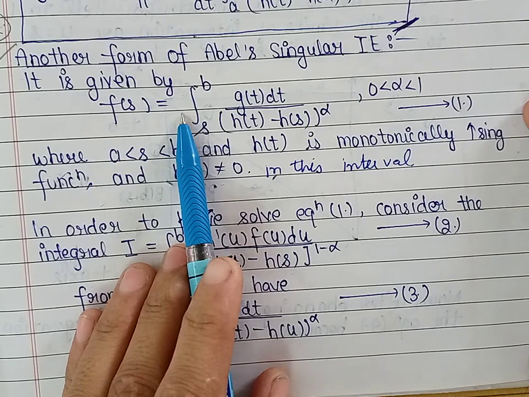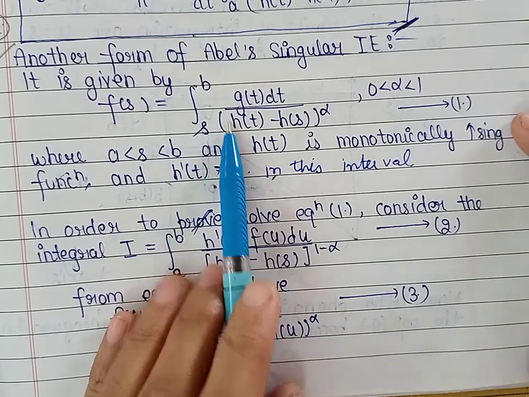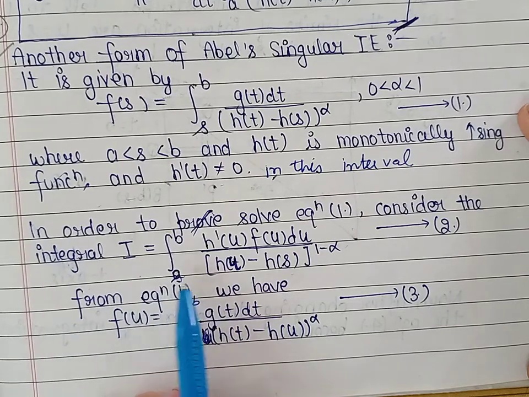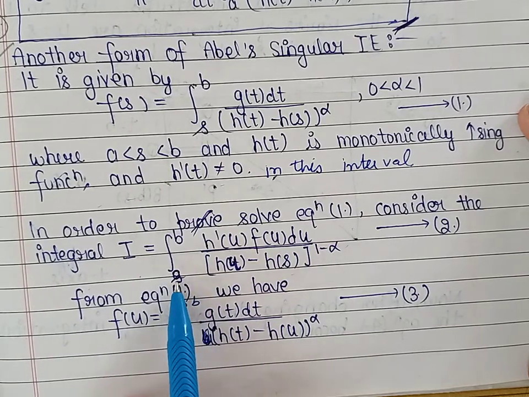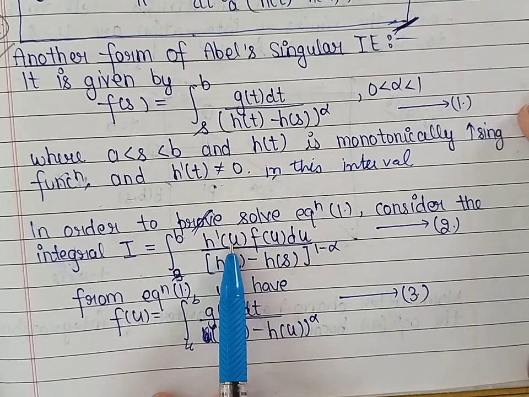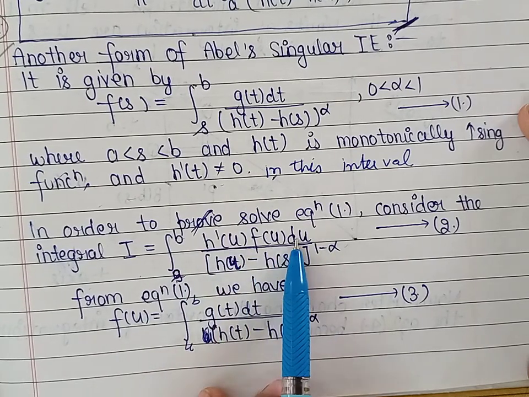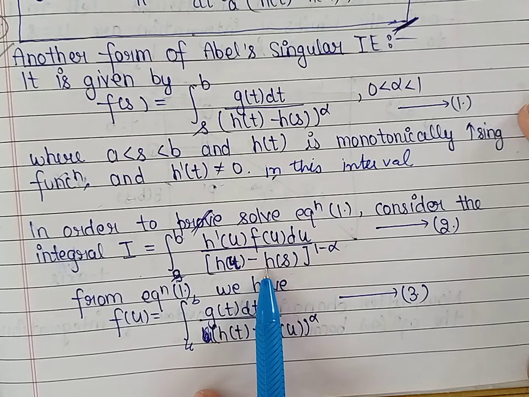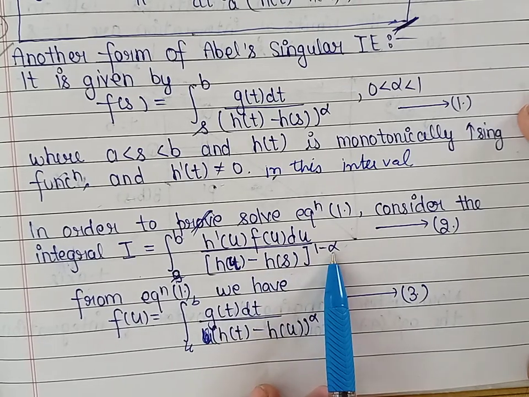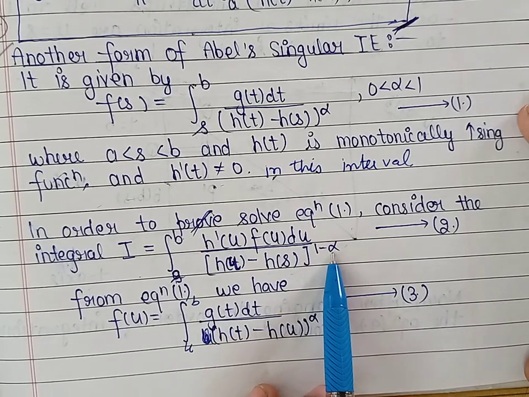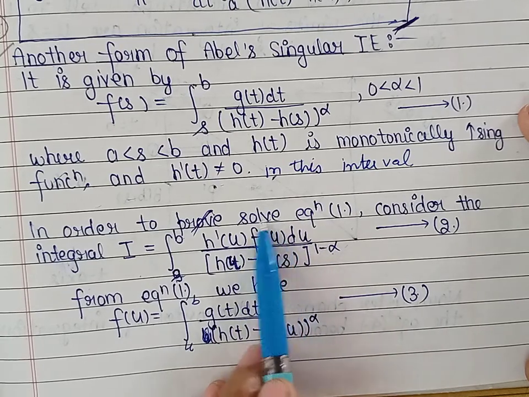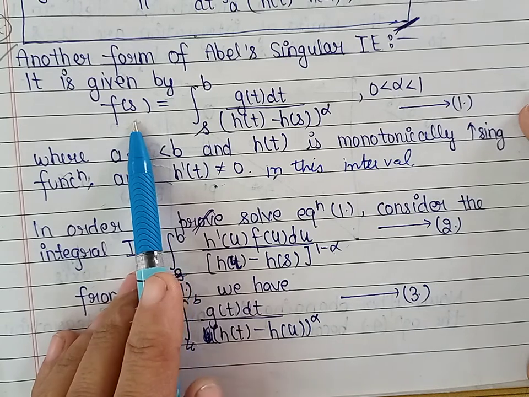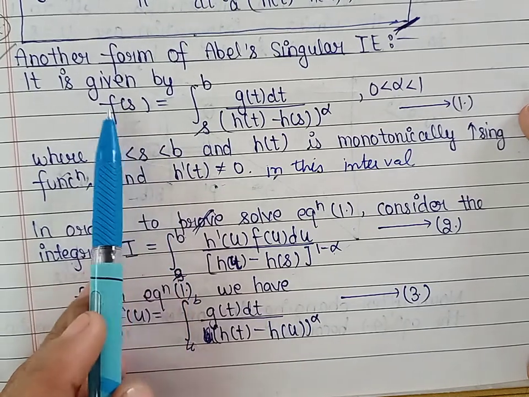So in order to solve this integral equation, let us consider the integral I given by the integral from s to b of h'(u) f(u) du divided by (h(u) minus h(s)) whole raised to the power 1 minus alpha. Now let us find the value of f(u) from equation 1 by replacing the variable s by u.